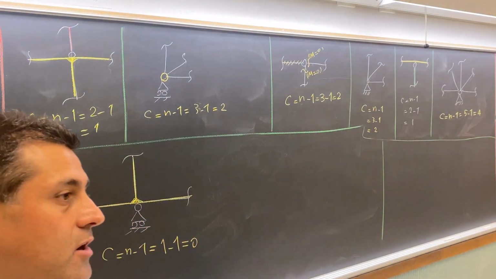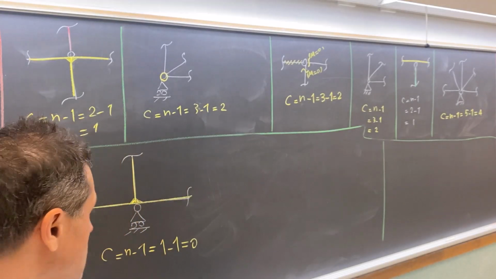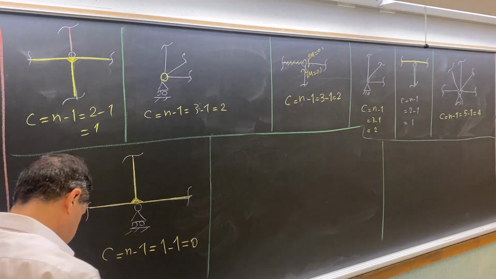It means we don't have a condition equation. Okay. Because this is just one element. So C is 0 in this case.